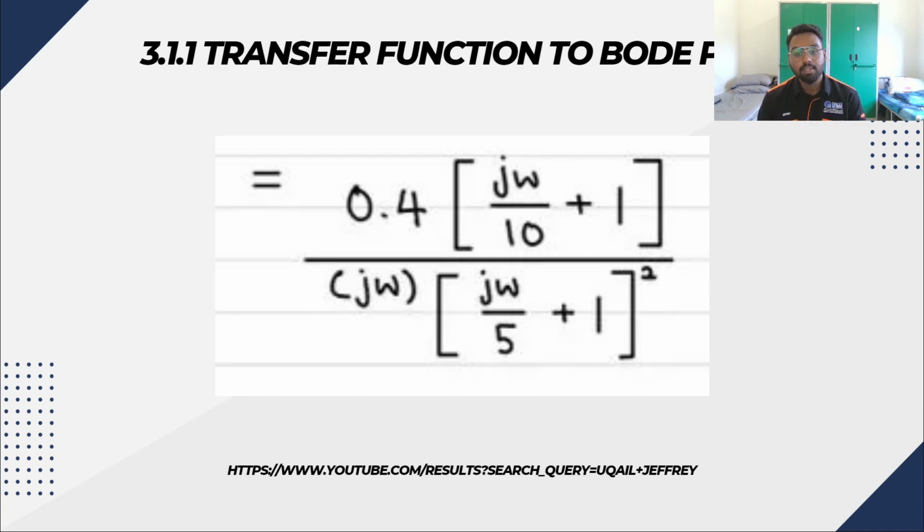And we also have a simple pole, jw over 5 plus 1, where the pole will be 5, and we shouldn't ignore the power of 2, which we will use when creating the magnitude Bode plot. So let's look step by step at how we create the magnitude Bode plot and phase Bode plot.